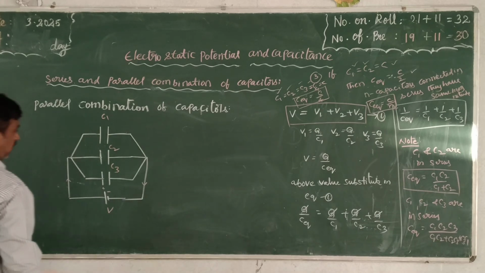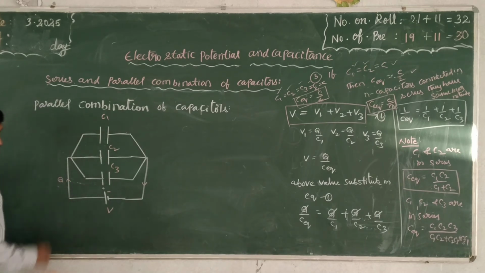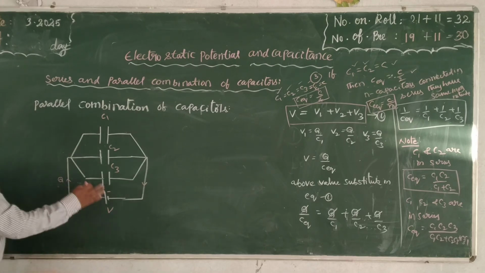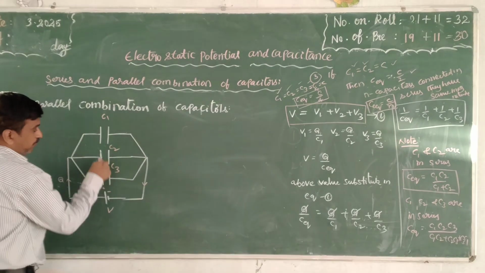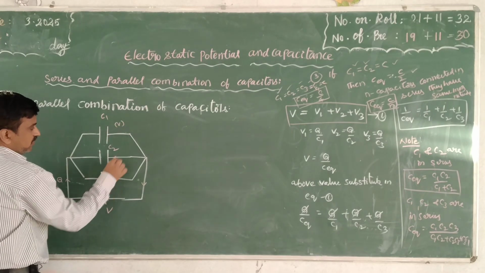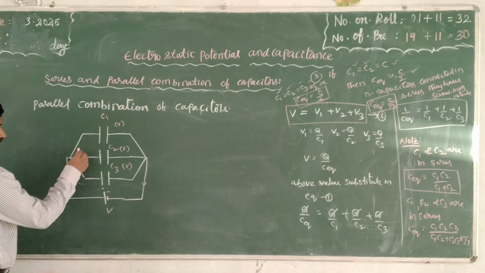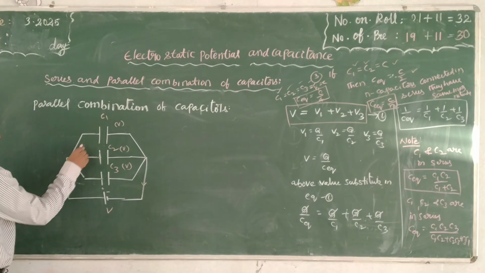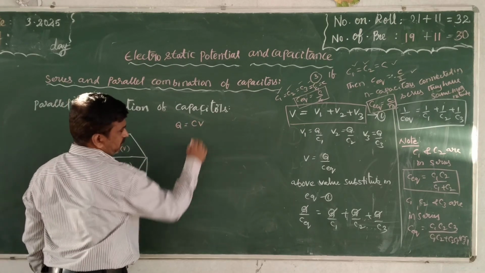In this case, what is the total charge now? Q. Total charge in the circuit is Q. In parallel combination, potential is the same. Here potential V, here potential V. Charge equal to C into V, CV.